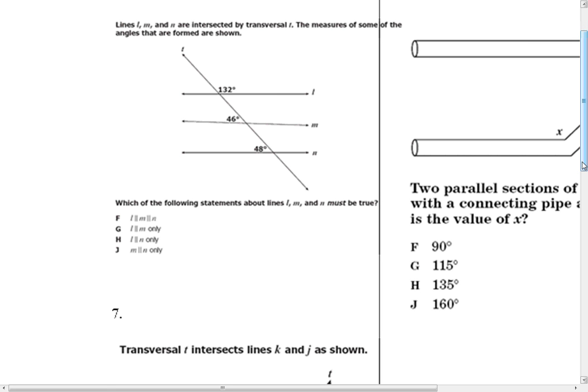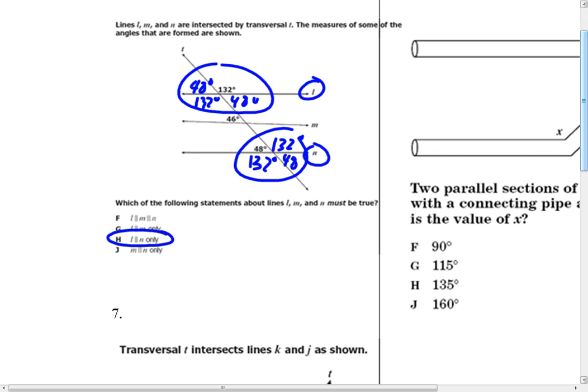Letter answer H. H, L, and N. That would be this one and this one. If I'm looking for a specific angle pair, there really isn't any. But if I start putting in linear pairs and vertical angles, then I see that this system is the same exact system up there. Everything corresponds.